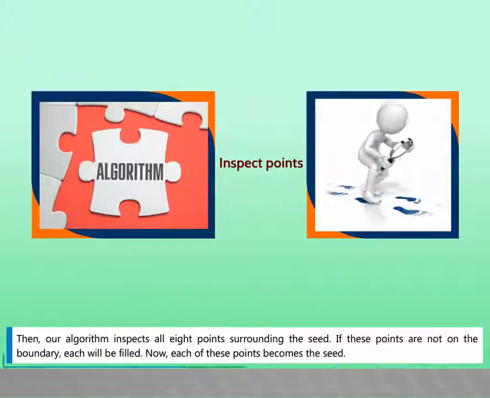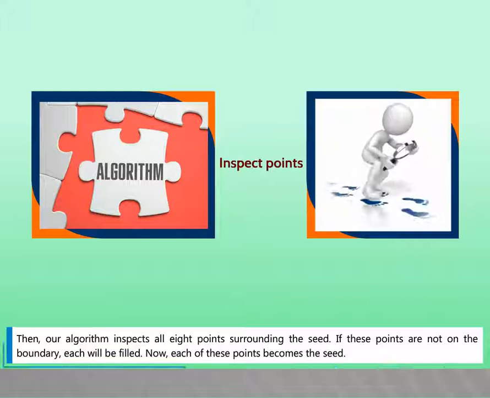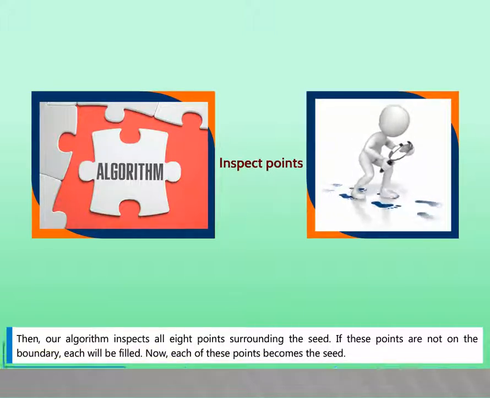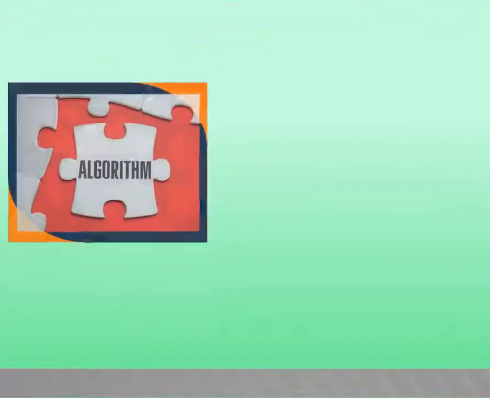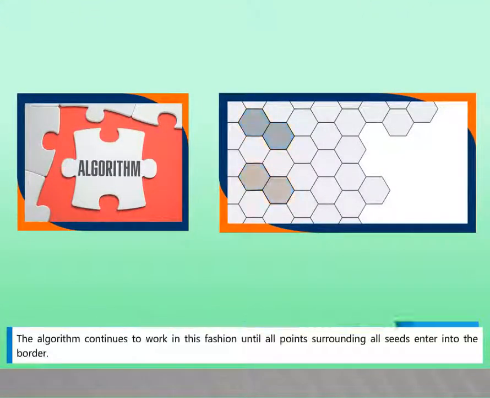Then, our algorithm inspects all 8 points surrounding the seed. If these points are not on the boundary, each will be filled. Now each of these points becomes the seed. The algorithm continues to work in this fashion until all points surrounding all seeds enter into the border.